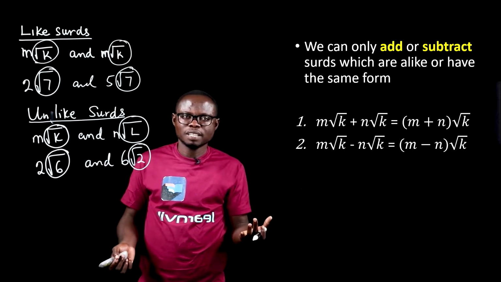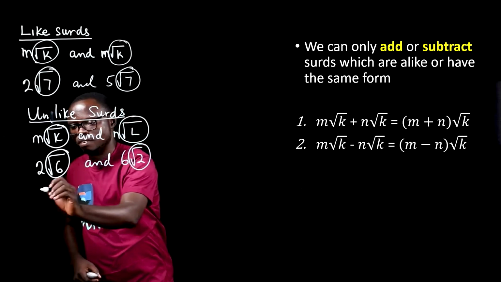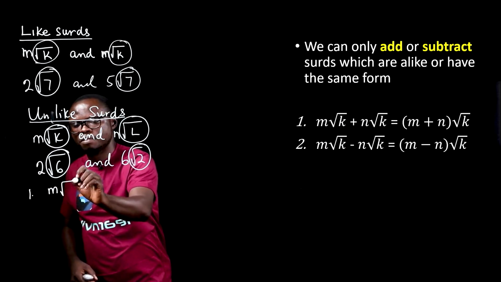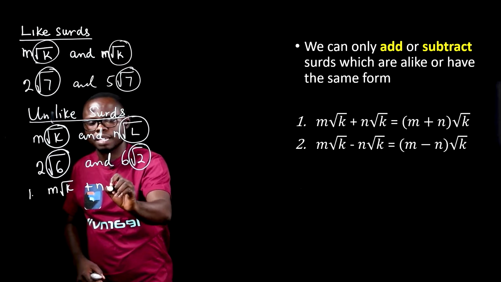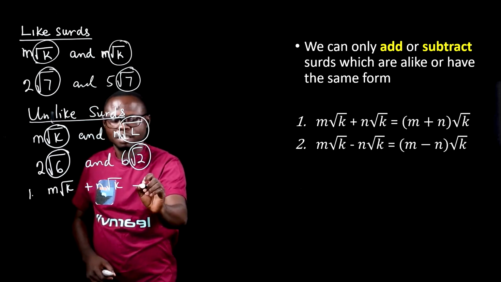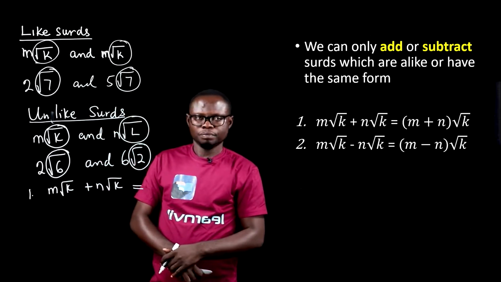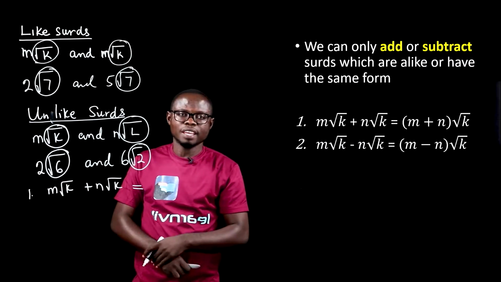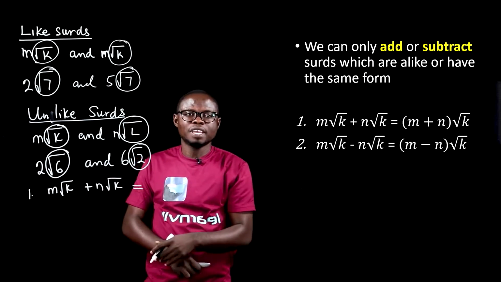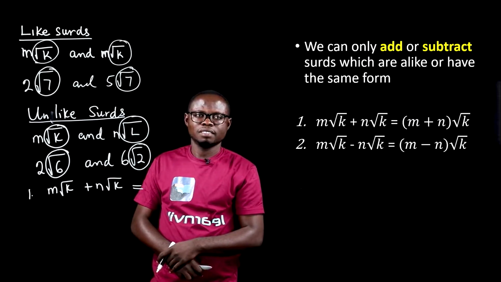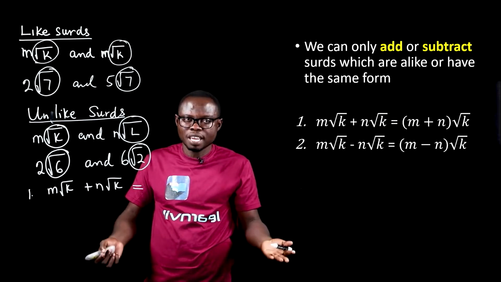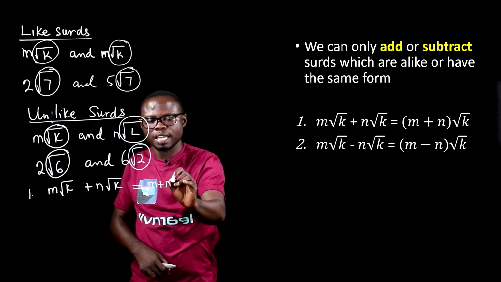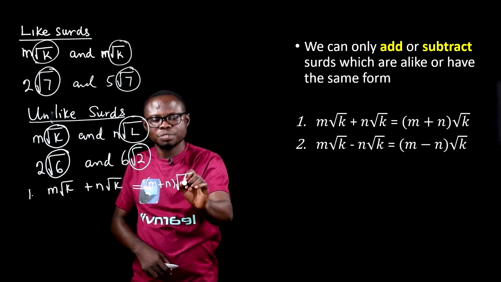How do we go about that? 1. If I have m root k plus n root k, this can be interpreted as m number of root k plus n number of root k. How do I get the total number of root k? That will be m plus n root k.